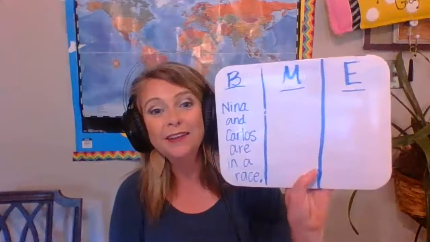It says Nina and Carlos are going to have a what? A race, right? They're going to have a race. So I'd put that under the beginning part of the story, okay?